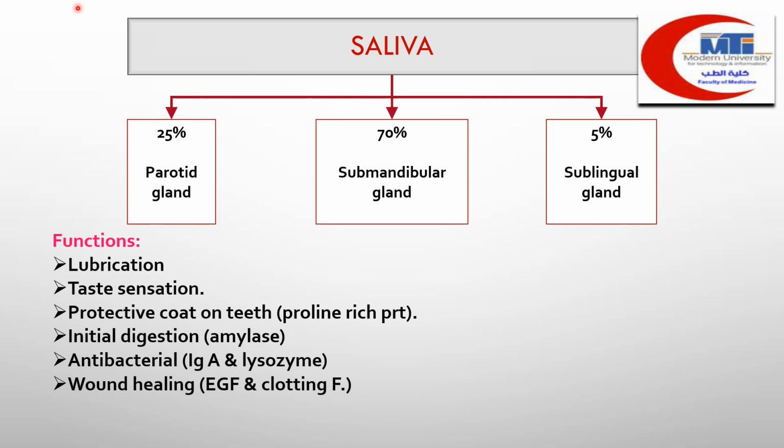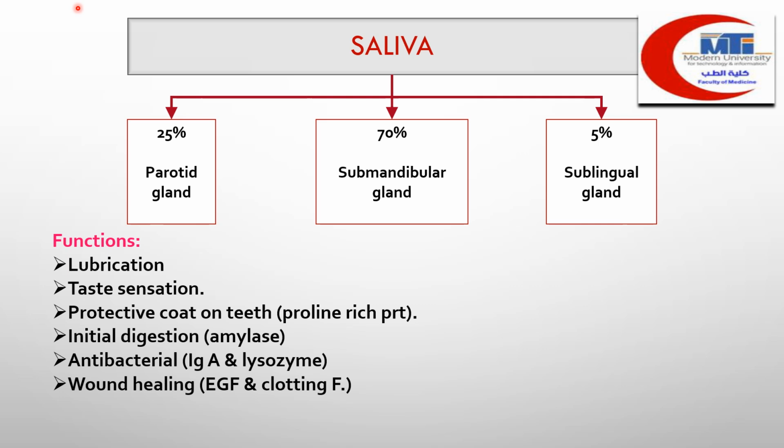What is the importance of the saliva? What's the function of saliva? Saliva helps in lubrication and cleaning the mouth cavity, participates in taste sensation, also has antibacterial activity as saliva is rich in immunoglobulin A, also helps in initial digestion by salivary amylase and lipase.